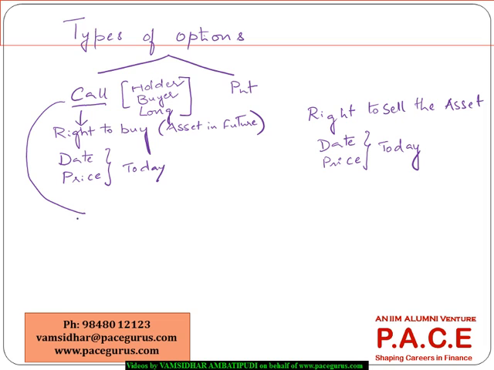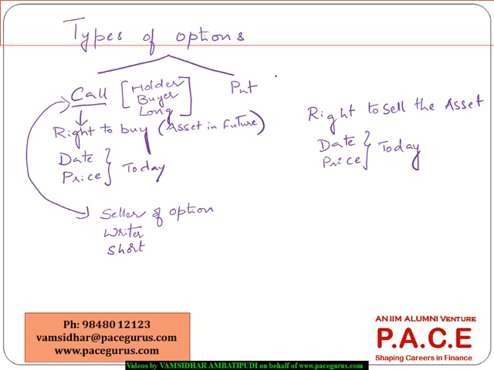Whosoever has given this call option to this party, we call them the seller of the option, or we call them the writer of the option, or we even call that particular position the short position itself.